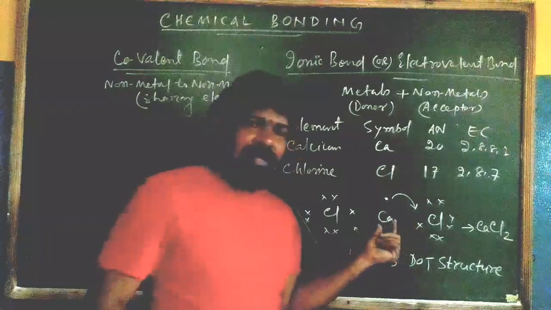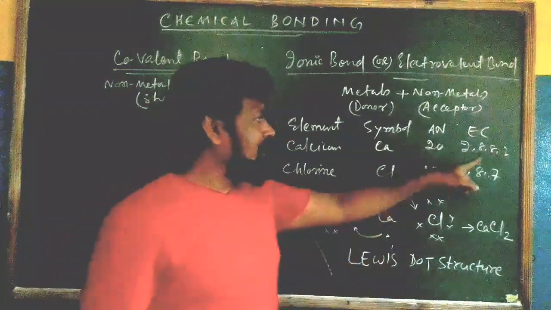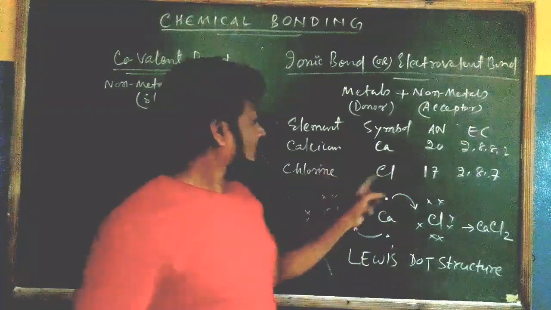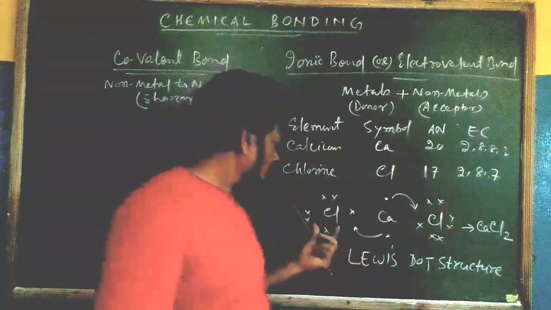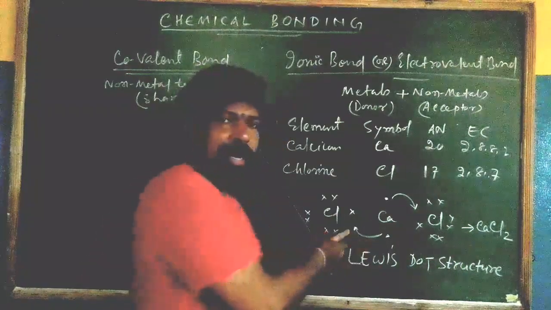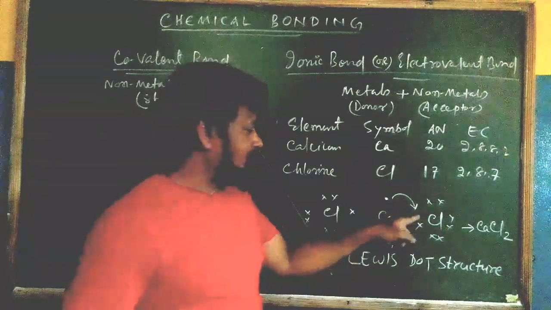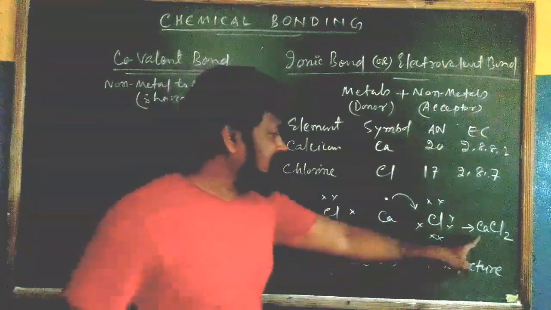Now calcium will combine with chlorine by donating 2 electrons. But chlorine needs only 1 electron. That's why 2 different chlorine atoms are required, so that calcium can donate 1 electron to 1 chlorine atom and another electron to another chlorine atom, so that the compound CaCl2 is formed.